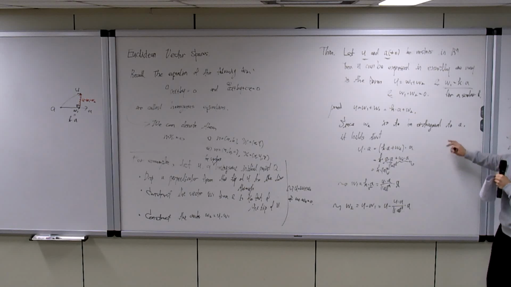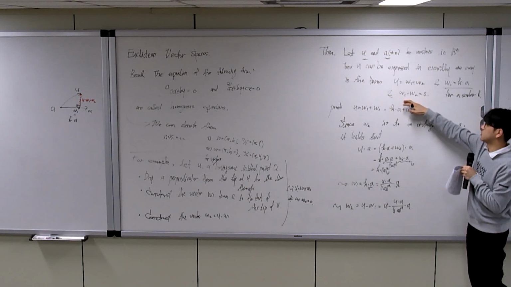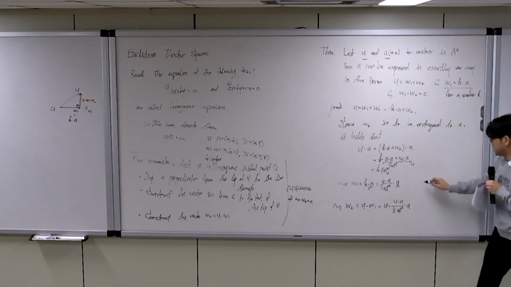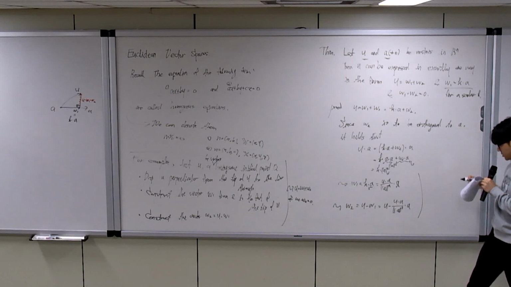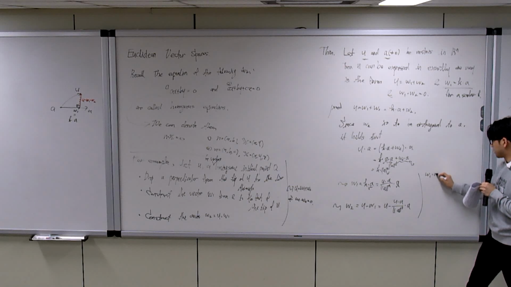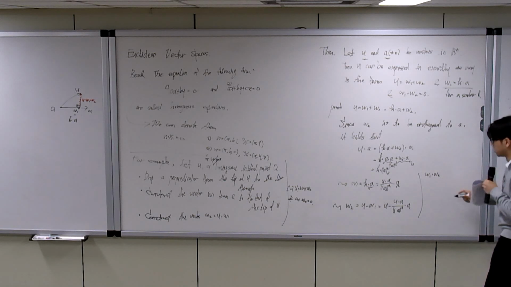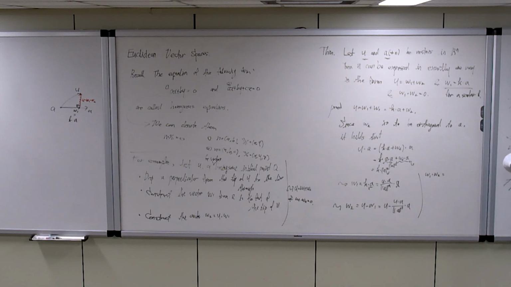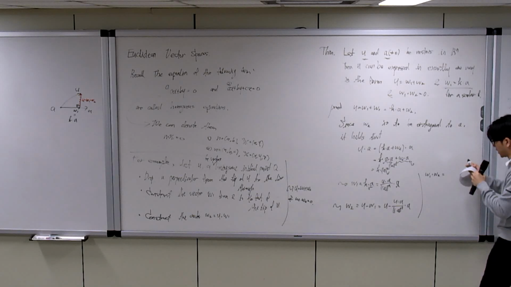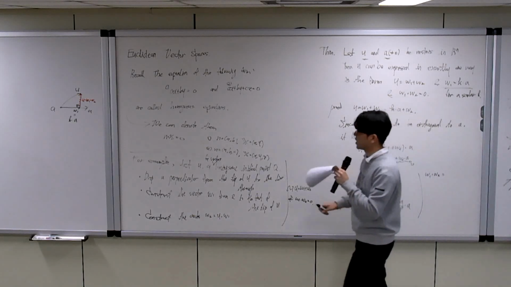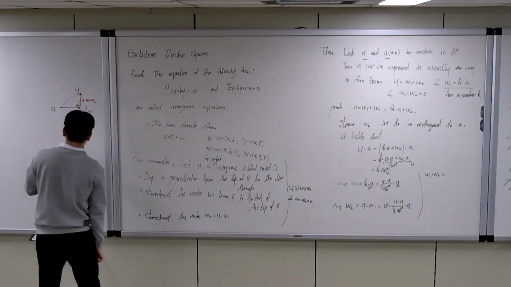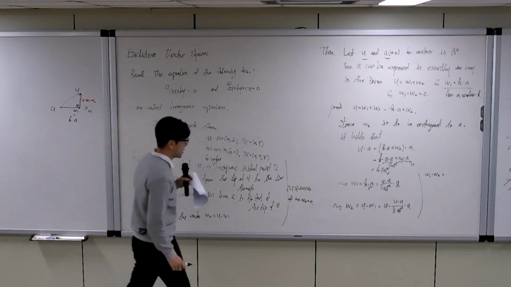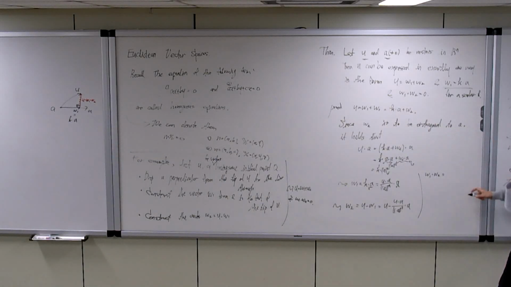We can check the orthogonality by calculating the w1 dot product w2. Okay, I will calculate now.